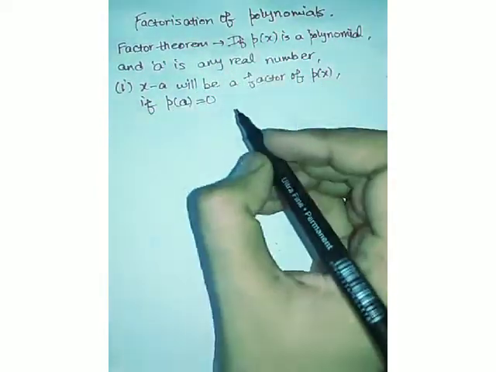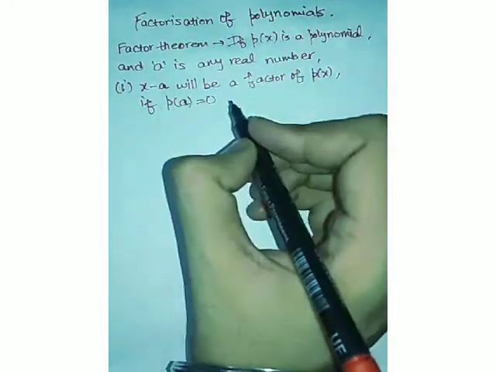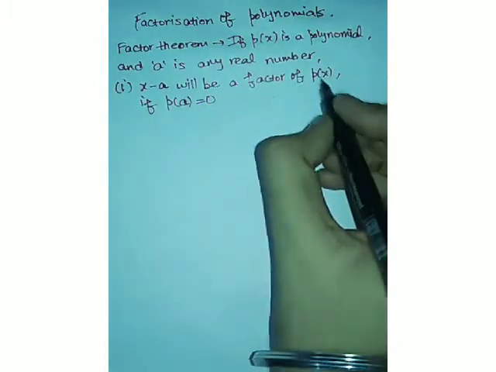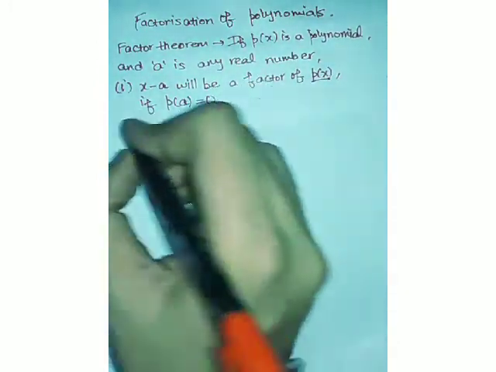It means if one factor is given, like x minus a, then you can say that x minus a is a factor of our given polynomial if and only if P(a) is 0.